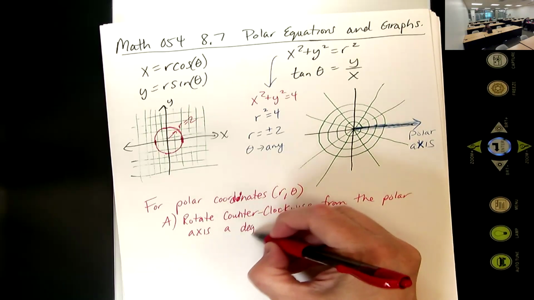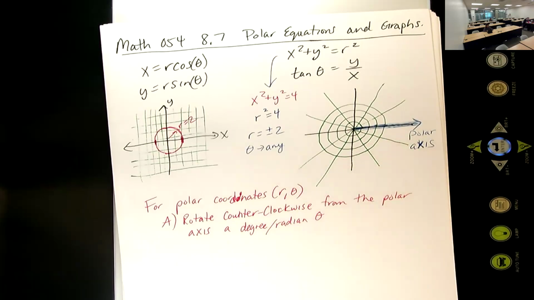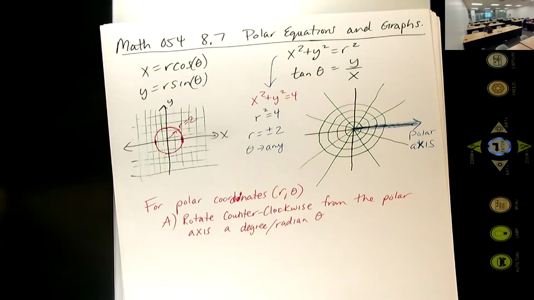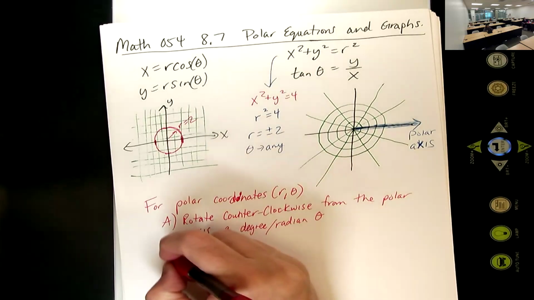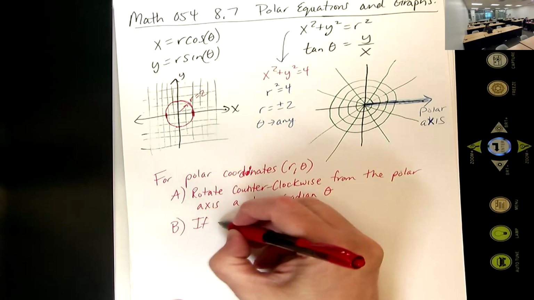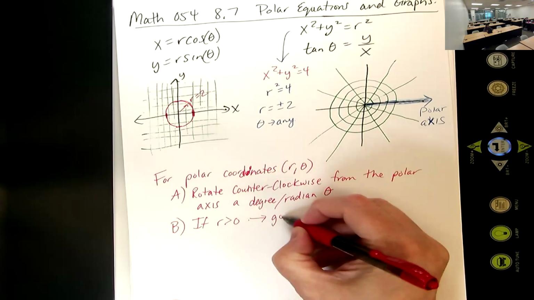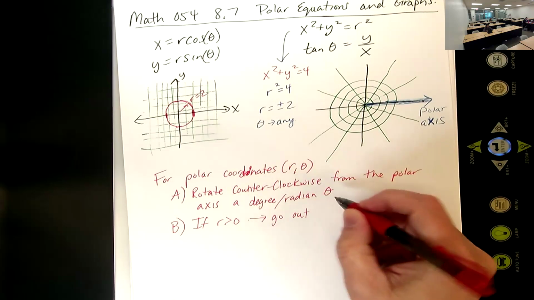A degree or radian theta. And then B, I'm going to do this in two parts. If r is greater than 0, go out a distance r on that angle.